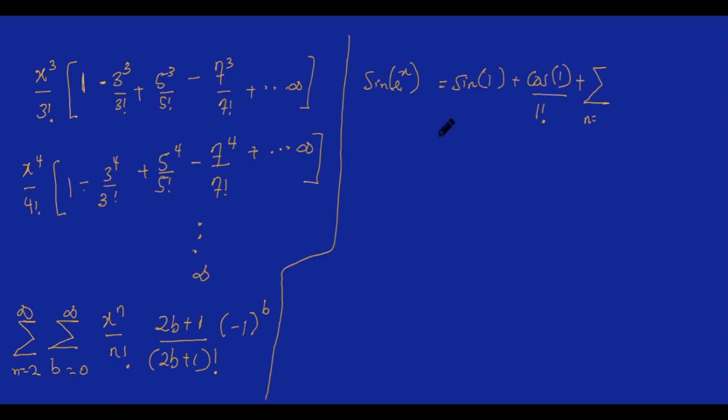N starts from 2. Then there's also a summation for b is equal to 0 till infinity of x raised to the power of n divided by n factorial multiplied by 2b plus 1 divided by 2b plus 1 factorial multiplied by minus 1 raised to the power of b. And this gives us the expansion for sine e raised to the power of x.